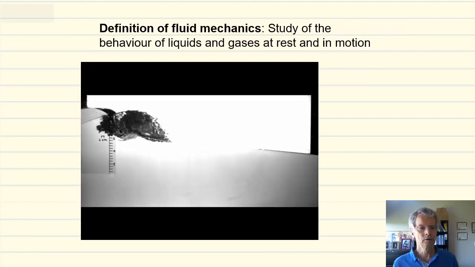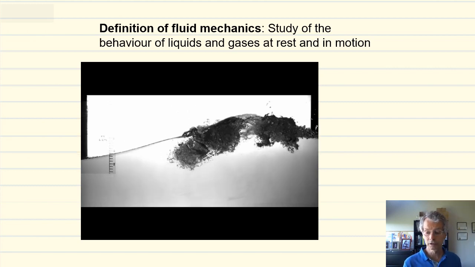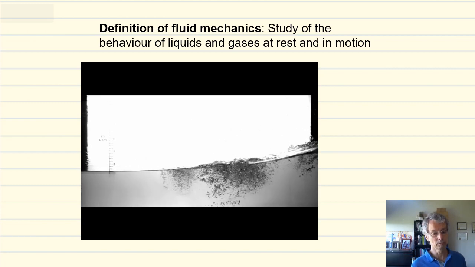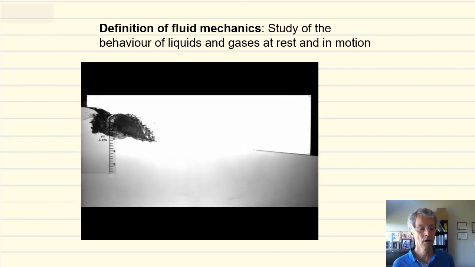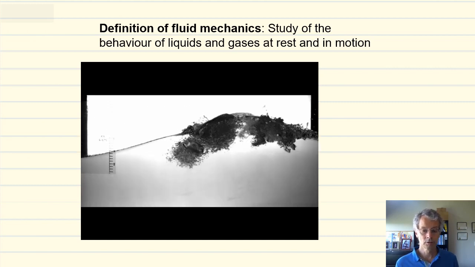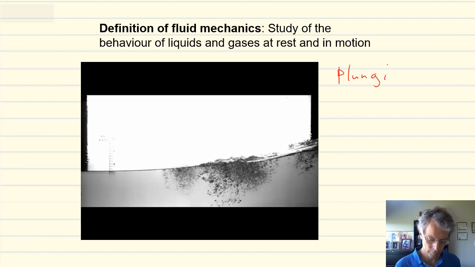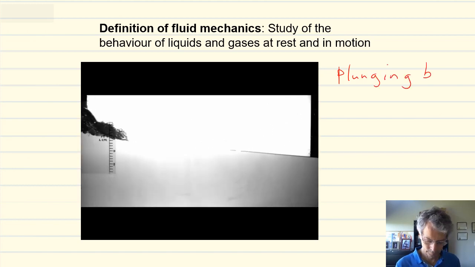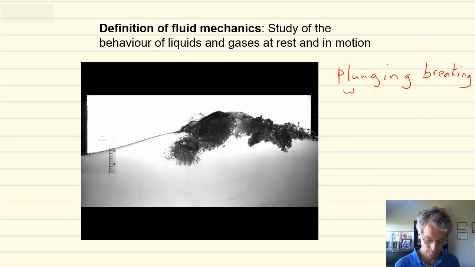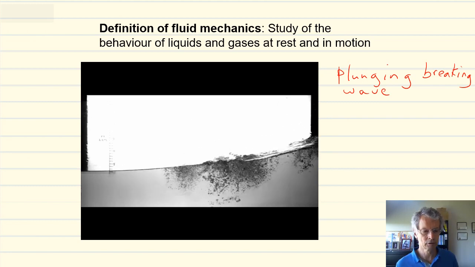This is a video that is showing an interesting fluid flow that I've studied for many years. So it's a fluid in motion, and the two fluids in motion are water and air. And this is what is referred to as a plunging breaking wave. So the wave is created in a laboratory wave flume.